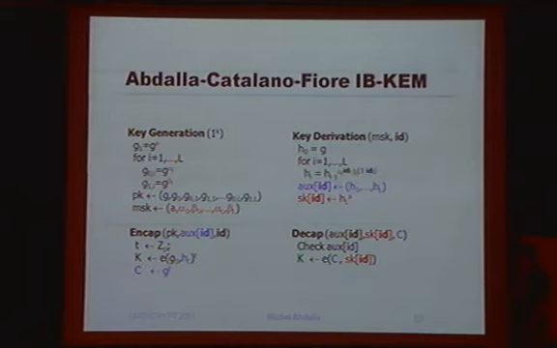The encapsulation has a very simple form. We just pick this last value, h_L, so we compute this thing using the master secret or the Ω_ID.